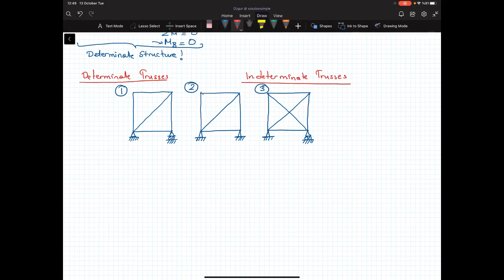In order to do the analysis, I'll just start with the support reactions. R1, R2, and R3. These are the support reactions for the first structure. For the second one, and the third one.